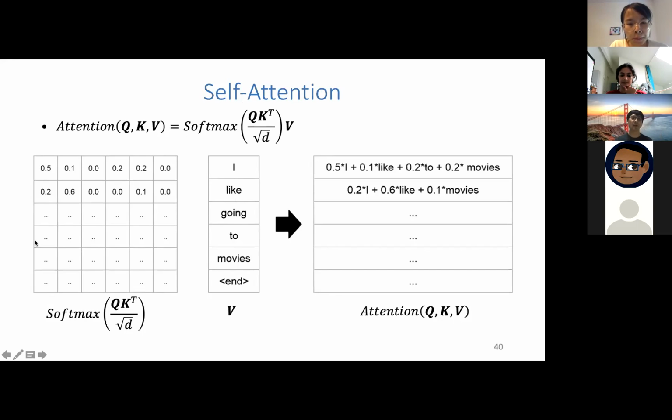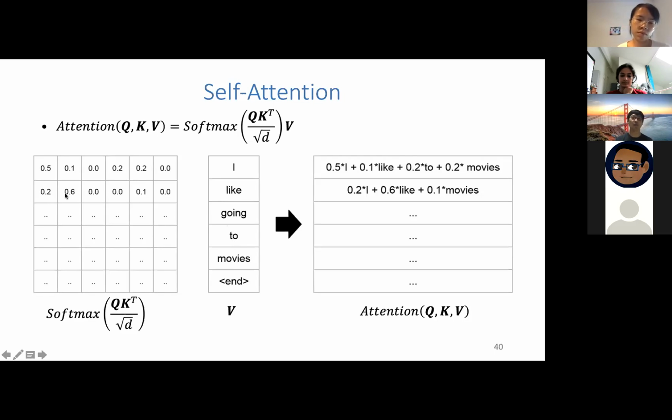So this part is actually the interesting part. The first row is the attention strength given by I, the first node, to all the other nodes. There's obviously a self loop, so self-attention. So I is giving attention to itself 50%, and then 10% of the attention is given from I to like, and 20% of the attention is given from I to movies.